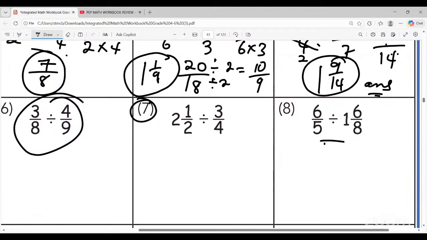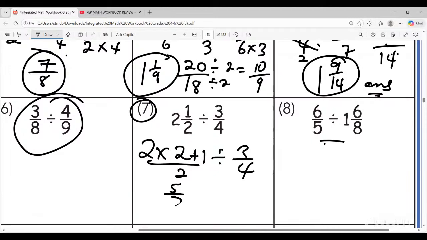All right, so we have 2 and 1/2 divided by 3/4. So we have 2 times 2 plus 1 over 2 divided by 3/4. 2 times 2 is 4, plus 1, that's 5 over 2 divided by 3/4.